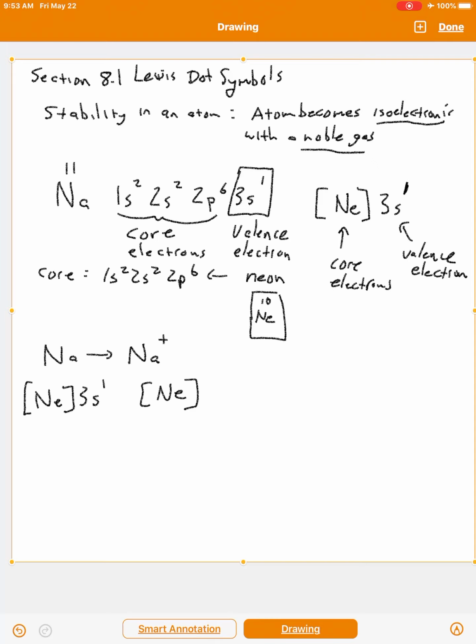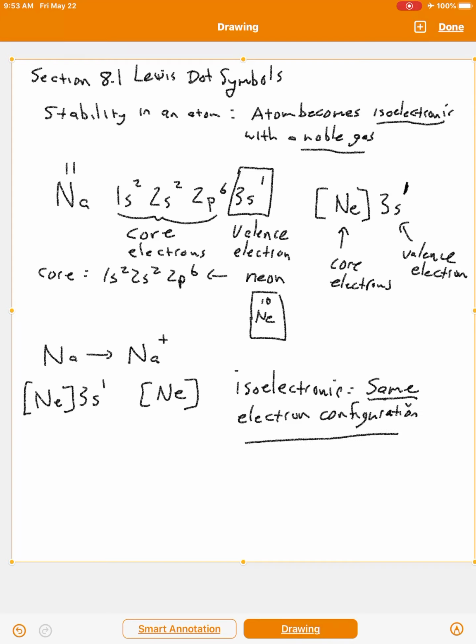This term isoelectronic means they have the same electron configuration. That's what's meant by the term isoelectronic. So the sodium ion is isoelectronic with the neon atom.